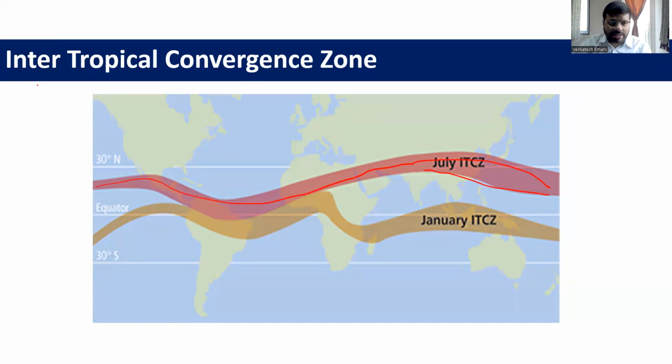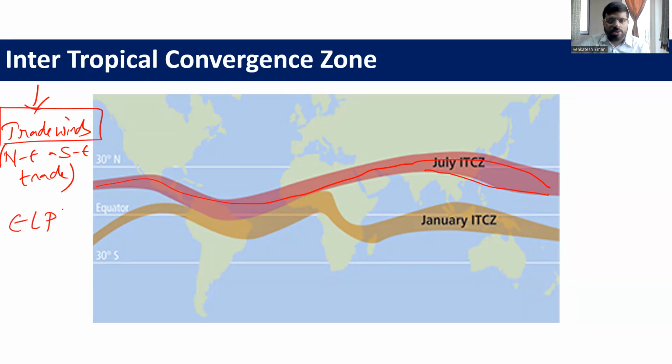ITCZ is a zone of convergence of trade winds, that is the northeast and southeast trade winds meeting point. Remember the concept of the equatorial low pressure zone? That is what the intertropical convergence zone is.